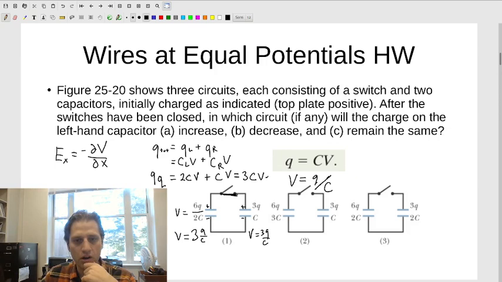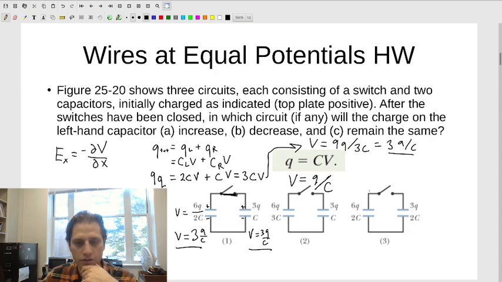And so I know 3CV equals 9Q. I can divide both sides by 3C and find that my final V is equal to 9Q over 3C, which equals 3Q over C. So that's another way to see that. Notice our voltage does not change.